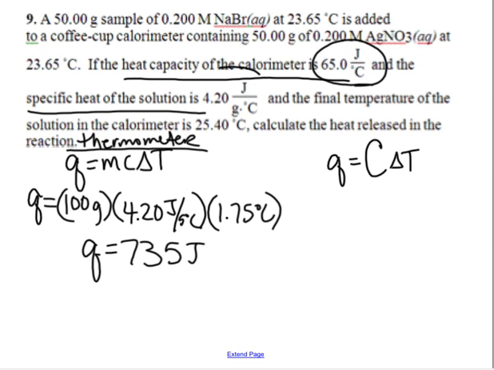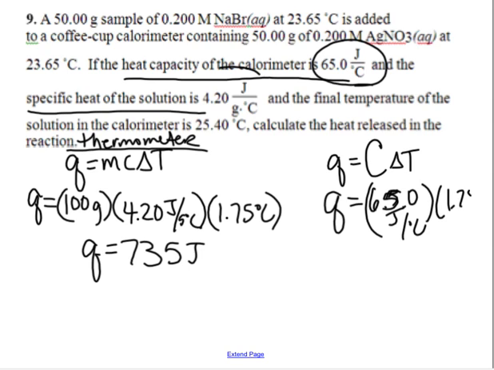Look at your units. Multiply by temperature. And that's what this is. The 65.0 times the same change in temperature. We know how much is leaving per degree, so how many is leaving per 1.75 degrees? So 65.0 joules per degree Celsius times the same delta T.